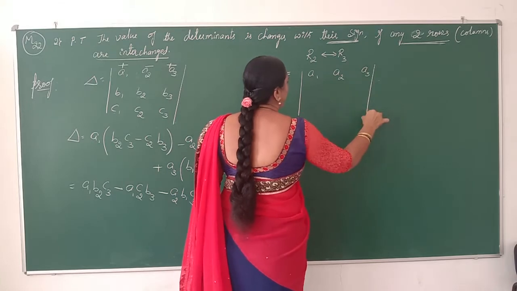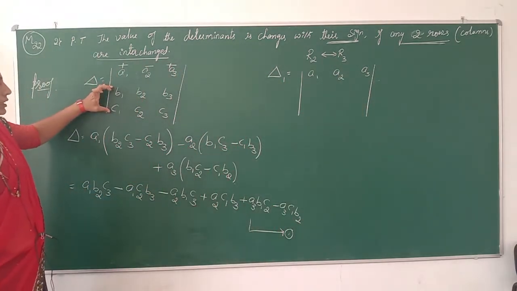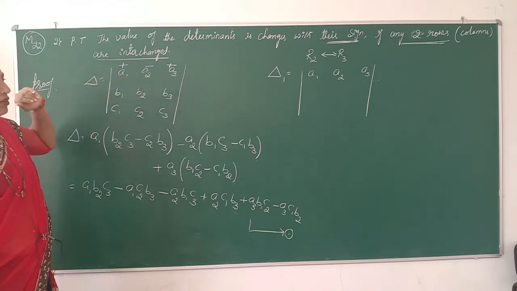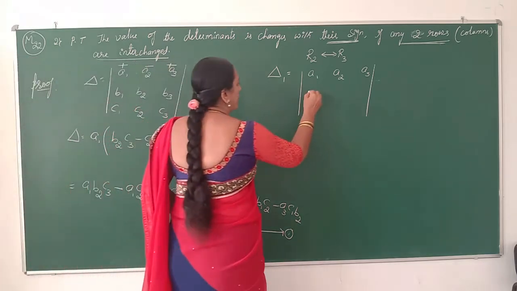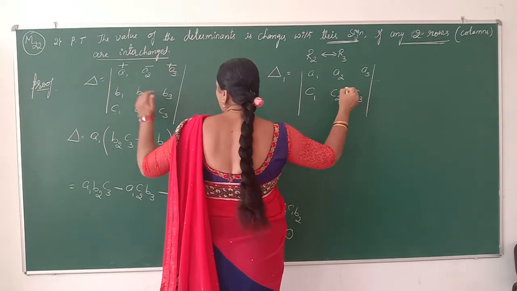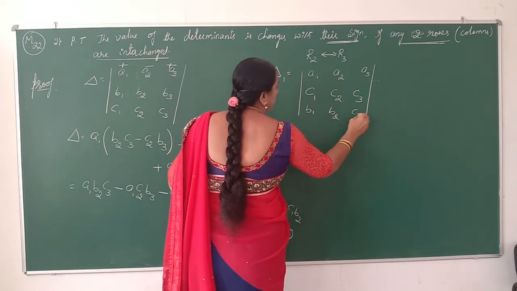Any two rows or any two columns can be interchanged, but now we consider the second and third rows to be interchanged. Therefore the first row elements are fixed, the second and third rows are interchanged. The elements of the second row are C1, C2, C3, and the elements of the third row are B1, B2, B3.